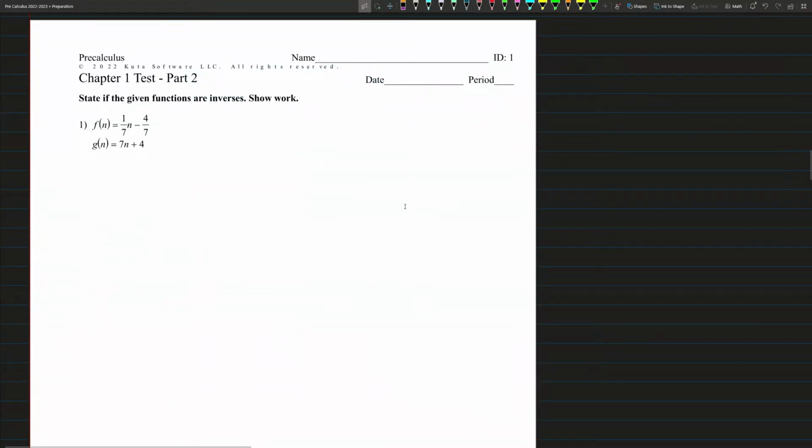Okay, so state if the given functions are inverses. If functions are inverses, then f of g of n is just going to be equal to n. If you compose the two functions together, you should get just n.